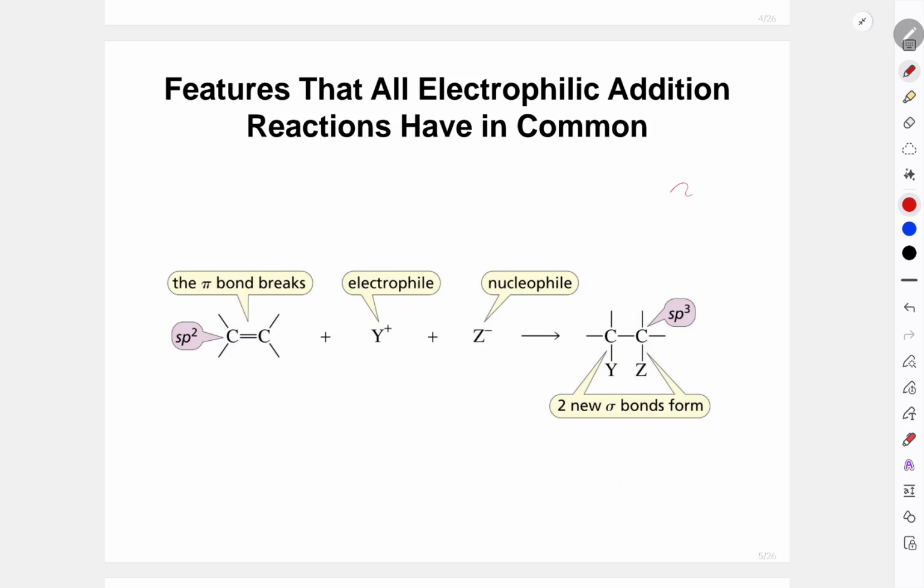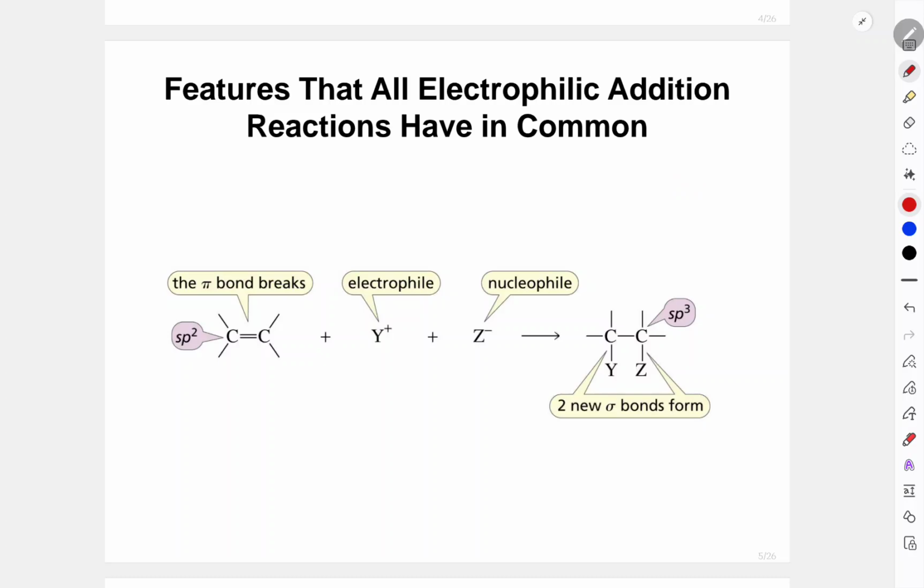After the first step, the halide anion liberated from HX will attack the carbocation intermediate and form the final product. So these are the three common constituents for the electrophilic addition type reaction.